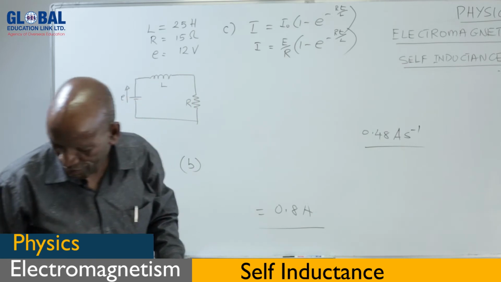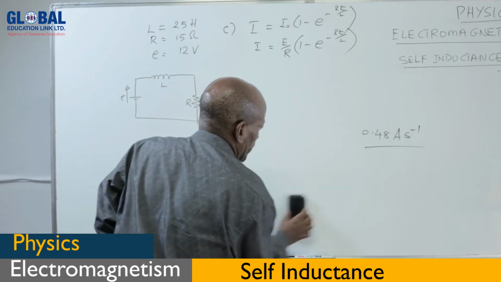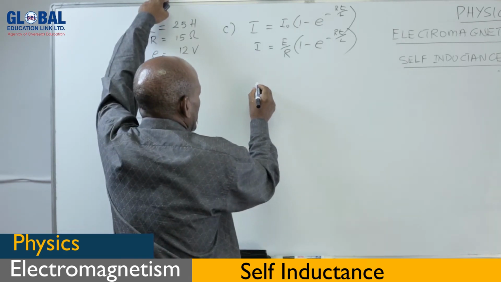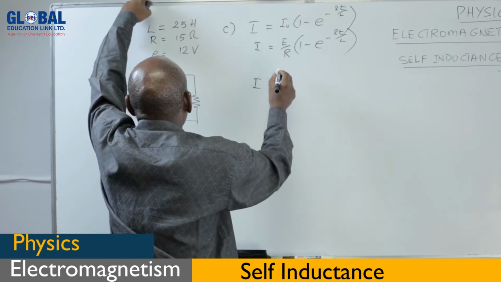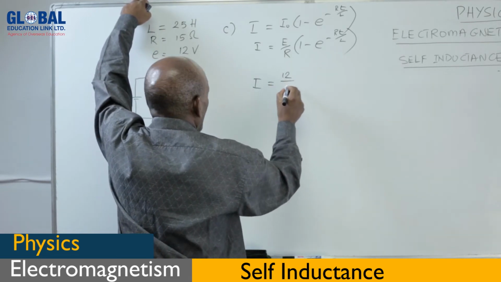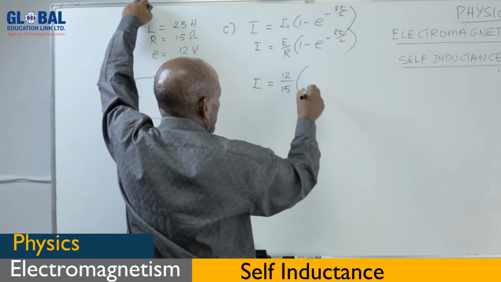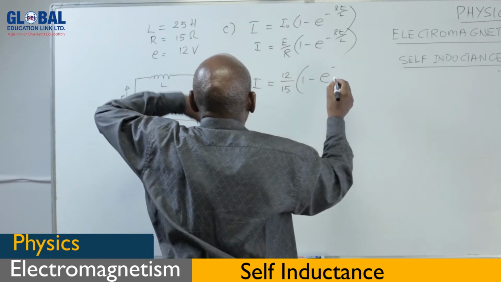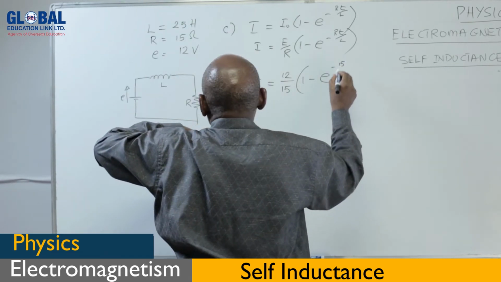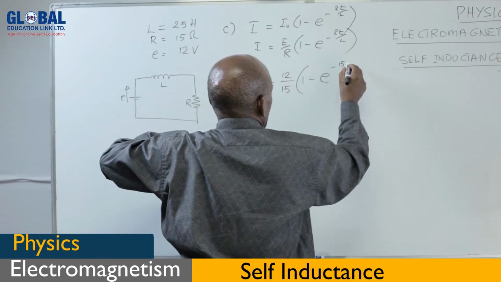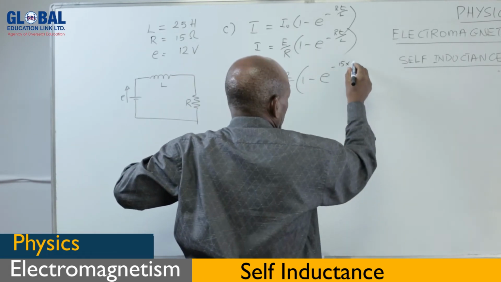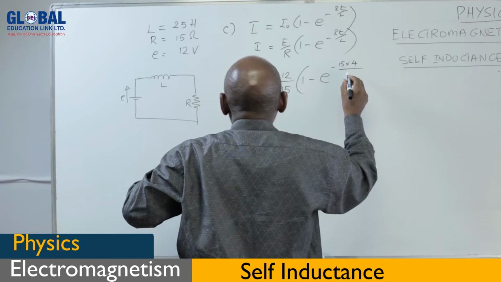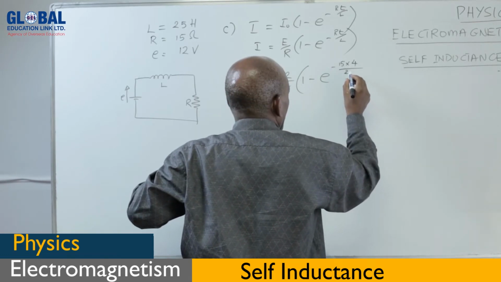If we substitute the values, we get the current I equal to E, that is 12, over R, that is 15, into 1 minus e to the power of minus R, that is 15 ohms, times the time, 4 seconds, over L, that is 25 henry.